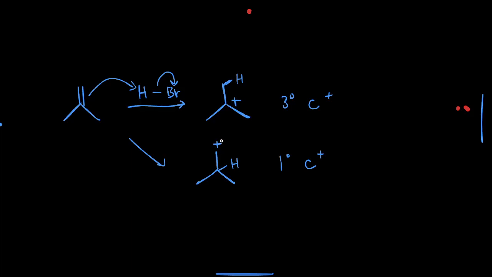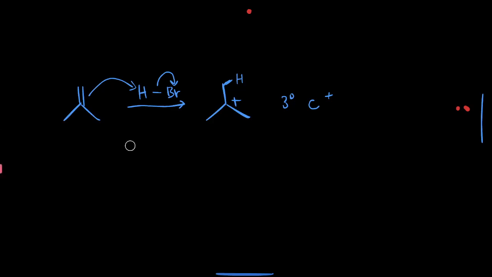Whereas in this case, the primary carbocation only has one other carbon atom that is able to help it carry the burden of that positive charge, and so this is not as likely to form as this one is, as our intermediate with the tertiary carbocation is going to be much more stable.